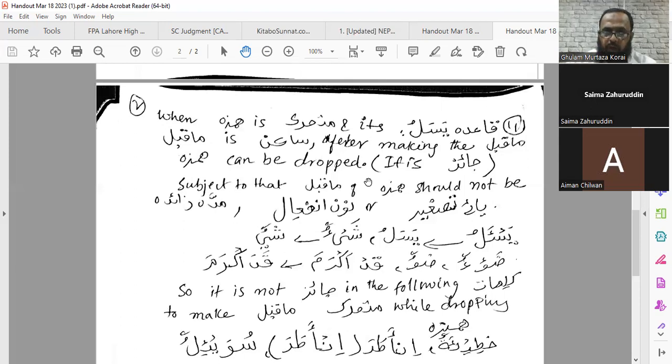When Hamza is mutaharrik and its maqabal is sakin, after making the maqabal mutaharrik, Hamza can be dropped and it is jaiz. The condition is that the maqabal of Hamza should not be madda zaida, noon infial or ya tasghir.